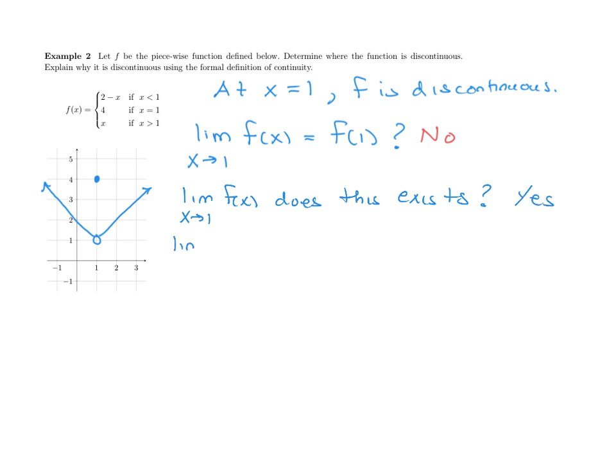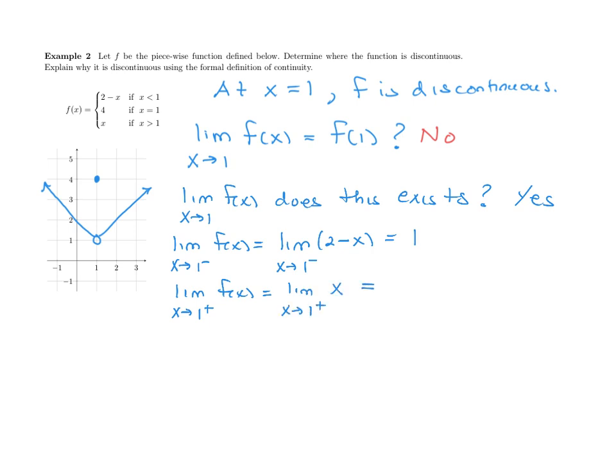If you look at the limit as x approaches 1 from the left of this function, on the left of 1, this function is defined as 2 minus x. And you can simply put 1 in place of x to get 2 minus 1, which is 1. And if you look at the limit as x approaches 1 from the right, on the right of 1, the function is defined as x.